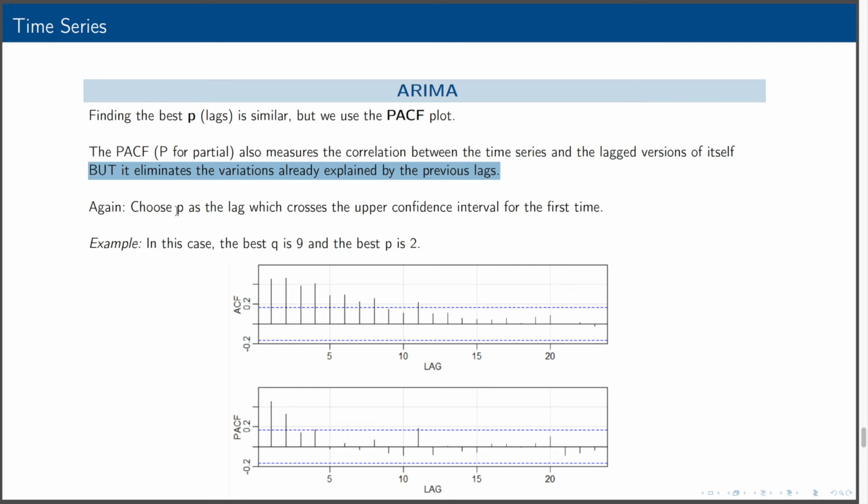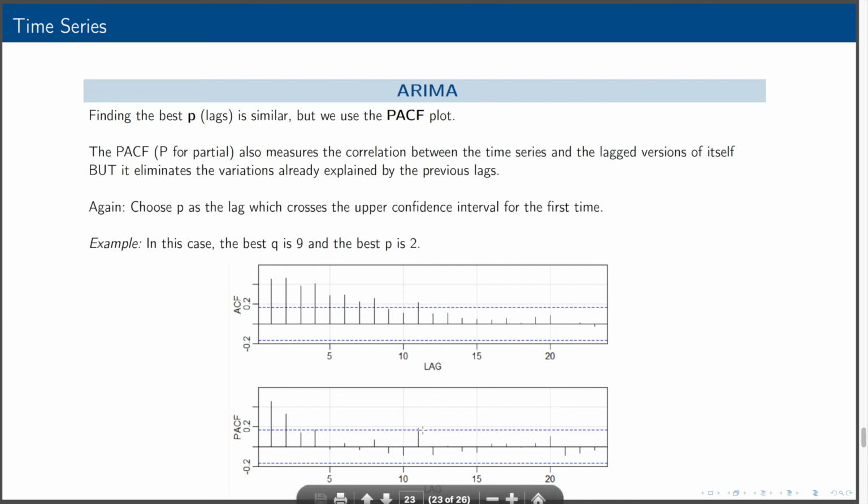And we choose P as the lag which crosses the upper confidence interval of the PACF for the first time. So, an example: we have the ACF and the PACF of a time series. With the ACF we can find the best Q, and in this case it is 9, the first time it crosses this confidence interval, so Q is 9.